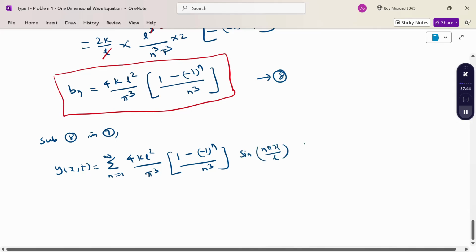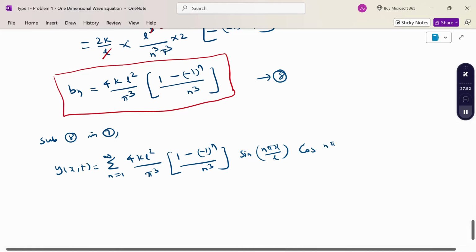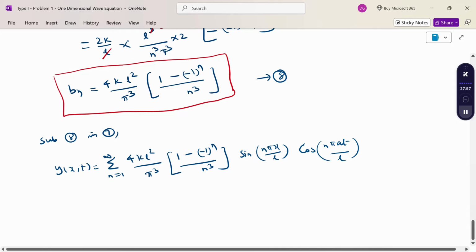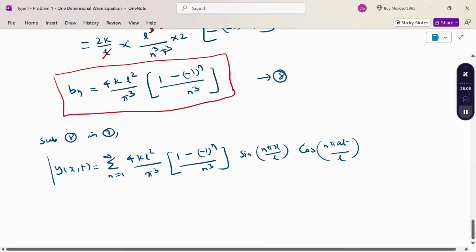then from the 7th equation, cos n pi at by L. So if you want to stop up to this, or to expand this term, otherwise you can just stop it. This is our final solution.